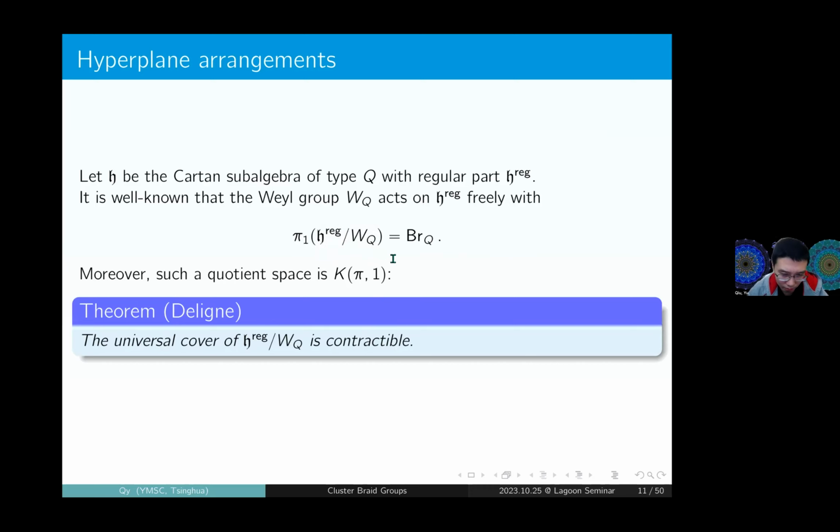So that's also the relation between the braid group and the Weyl group, and how you can produce the braid group from this aspect. Yeah, so classically you have many realizations of the braid group, and we want to use cluster theory to give a generalization and possibly with application to here and there.